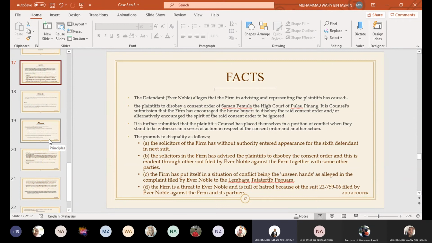However, Ever Nobel alleged that the firm, the advocate and solicitor of the Persatuan Pembeli, that the plaintiff solicitor had been advising their client to abandon or to ignore the consent order that had already been agreed to. There is also another claim, and therefore here comes this case. This case is actually a counter application, a counterclaim for the said allegation made by Ever Nobel.